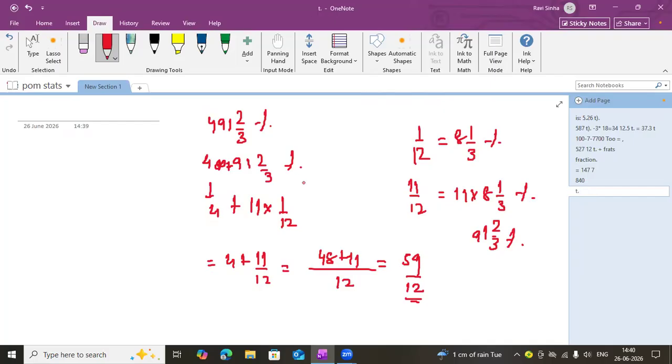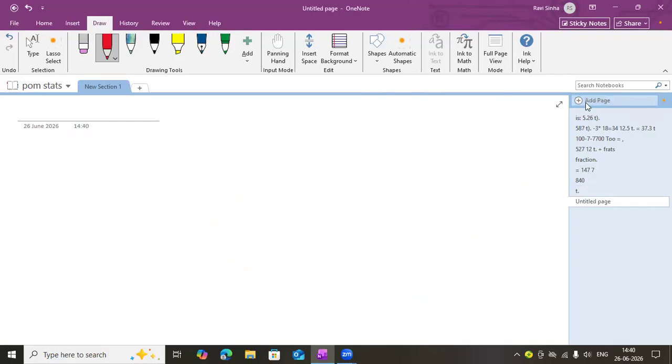Now let us see problems in a reverse way. How to convert 23 by 6 into percentage.